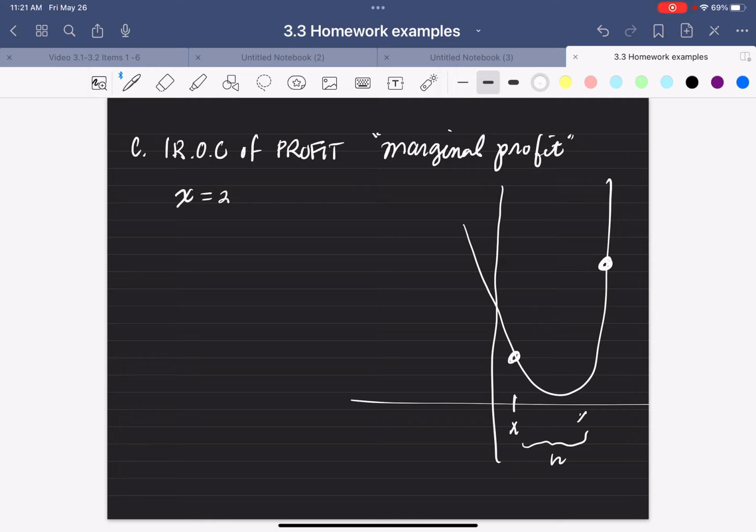So this is at X plus H. This will give us f of X, and this will give us f of X plus H. But what we're going to do is take this first original point and slowly move it back until it gets here so that H is now 0.